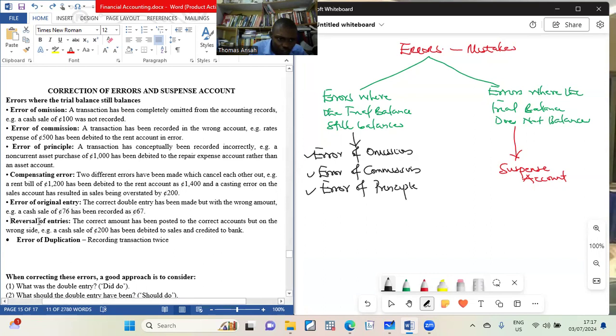Then we have reversal. With this one too, the correct amount has been posted, but on the wrong side of the account. So instead of debit, you did credit, and instead of credit, you did debit.